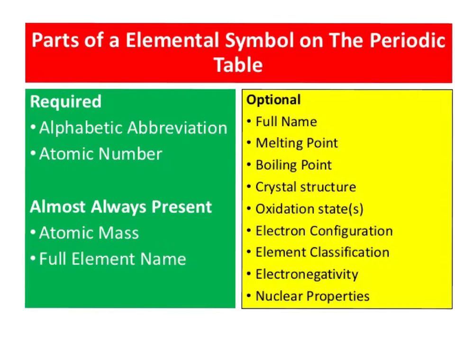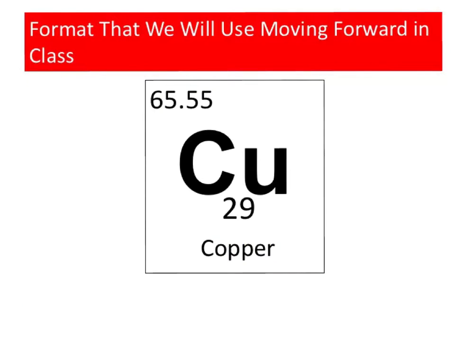Some periodic tables have all this additional information, and the more information that you have, the more useful as a reference tool it can be. But nearly 90% of the things that we need for chemistry for the high school student is found with these 4 things.